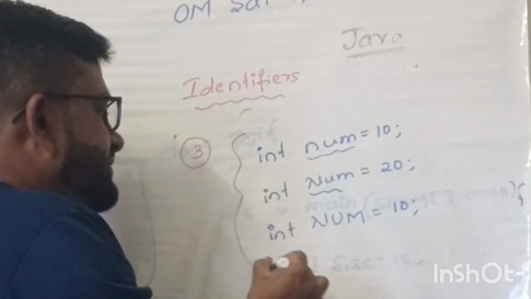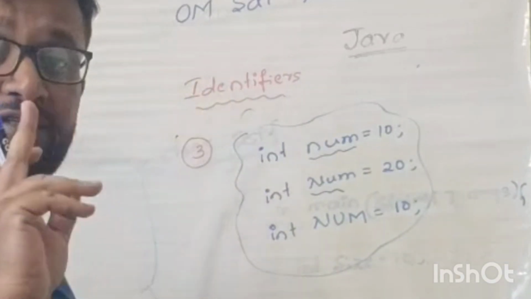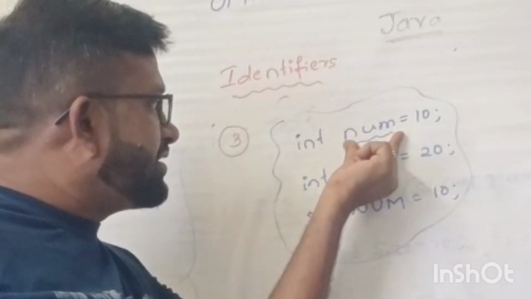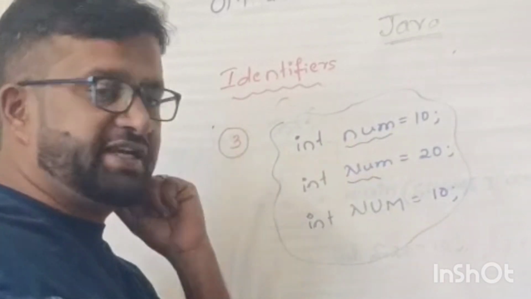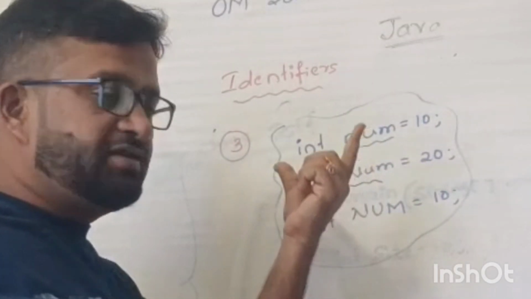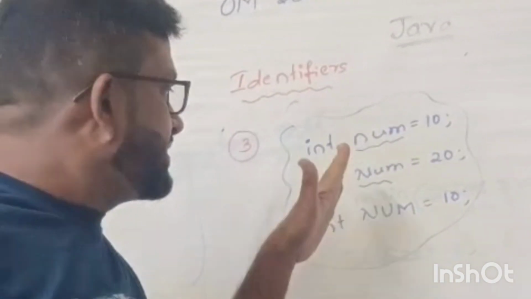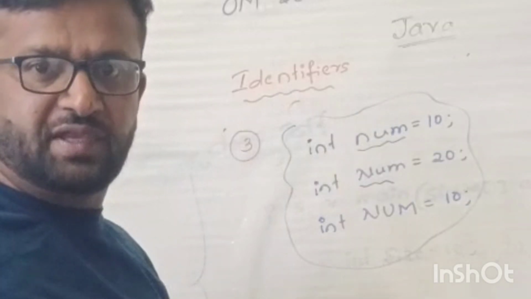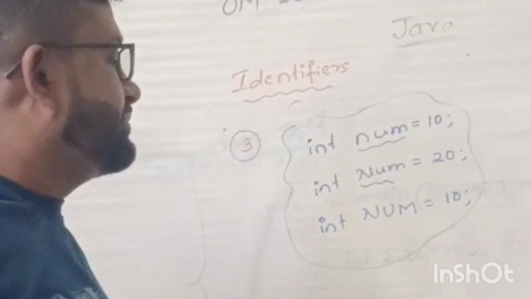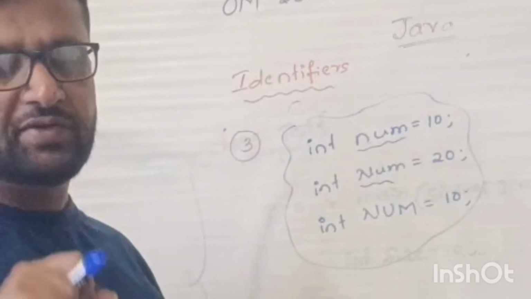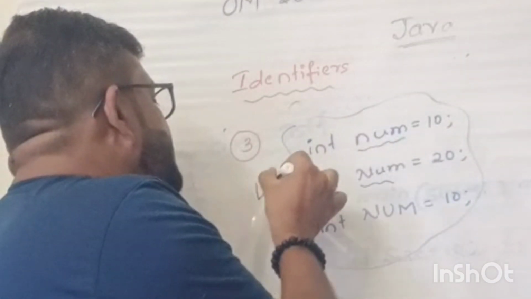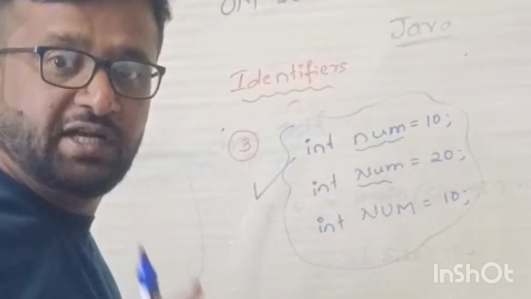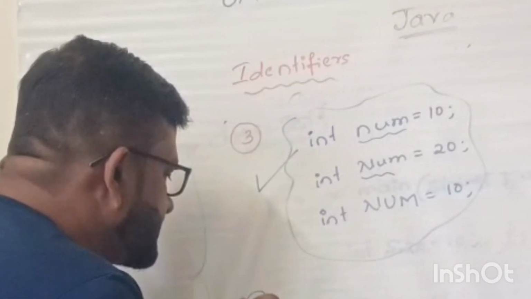Are all 3 variables the same or different? All 3 variables are different here, because in the first variable all are lowercase, in the second variable the first character is uppercase, and in the third variable all the characters are uppercase. As per the identifier rules, identifiers are case sensitive, because Java itself is a case sensitive language. So all 3 variables are different because of case sensitivity. This is the third rule.